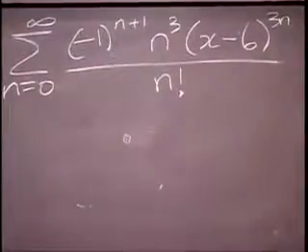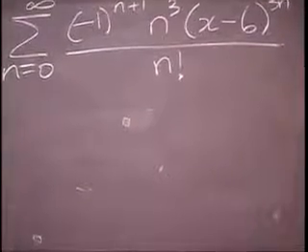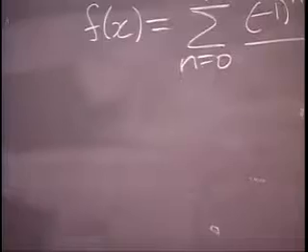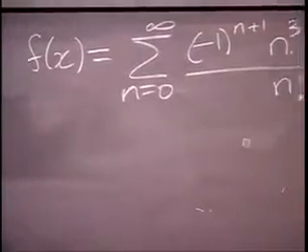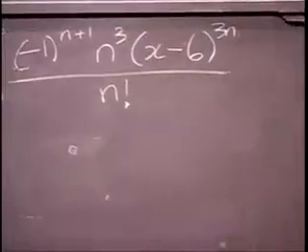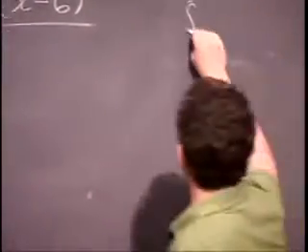That defines a function. And actually it makes sense for all x as it turns out. You'd have to use the ratio test to really nail it down, but the n factorial on the bottom grows very quickly, quicker than anything on the top. So if you tried the ratio test, you'd find that this makes sense for all x.